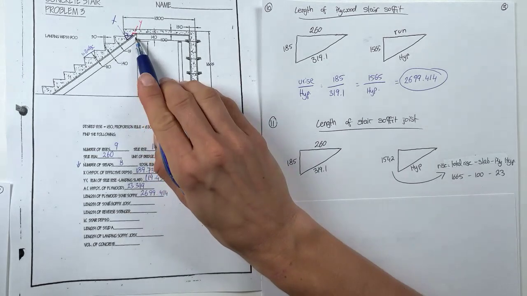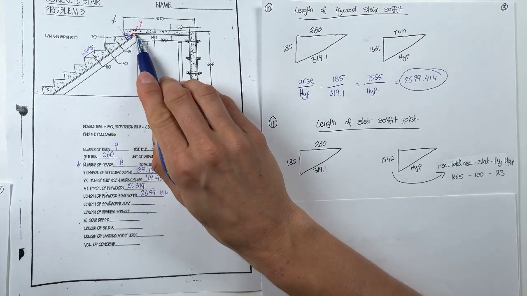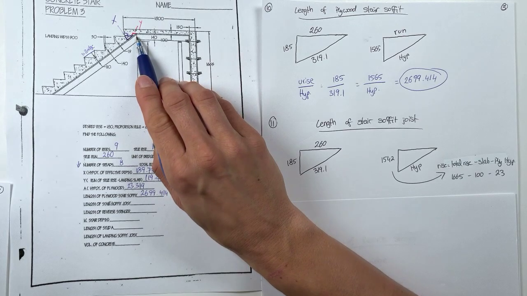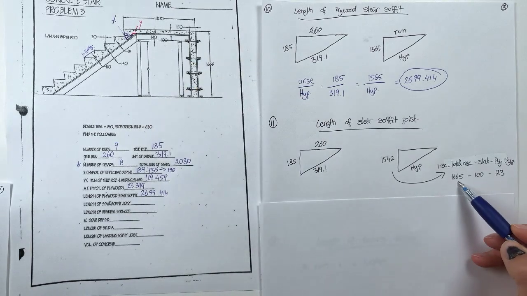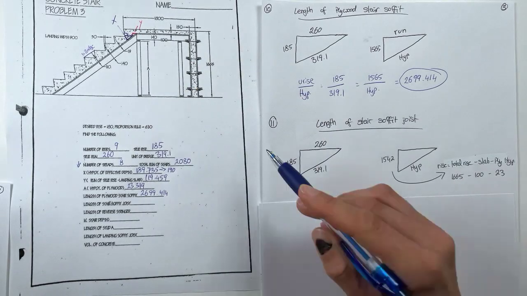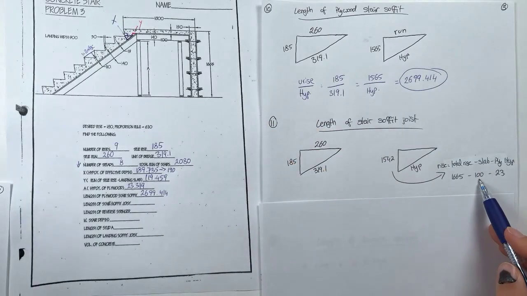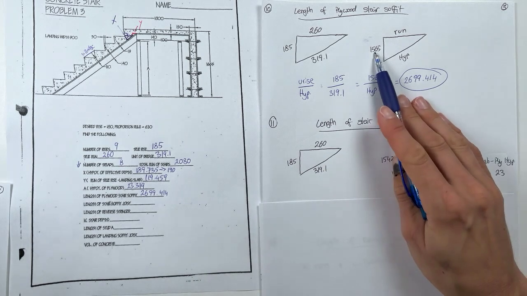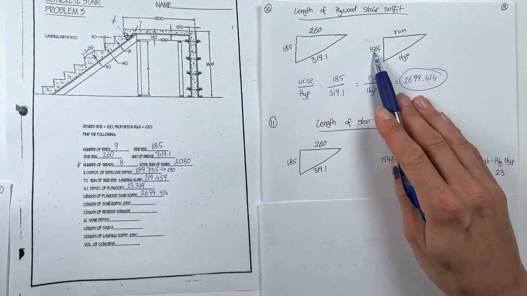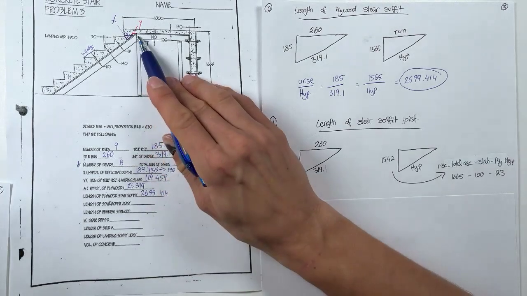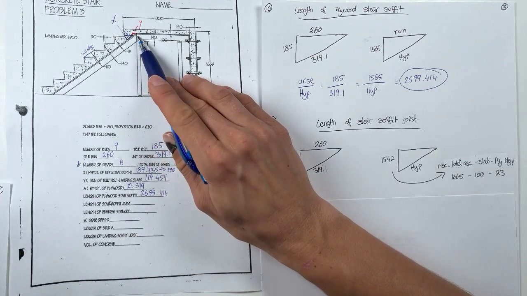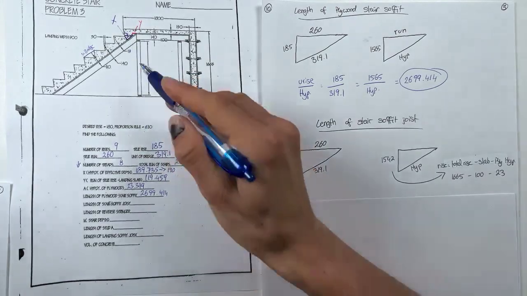Well, the joist runs to underneath the plywood, right? So it's gonna not go up quite as high. So we have our total rise of 1665. We took away the 100, right? The slab thickness for the unit rise, or for the rise for the plywood soffit. But now we also have to take away the 23 mils that is the hypotenuse of the plywood, right?